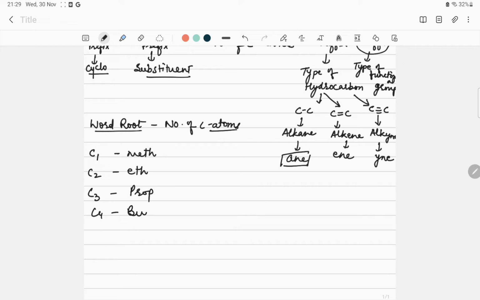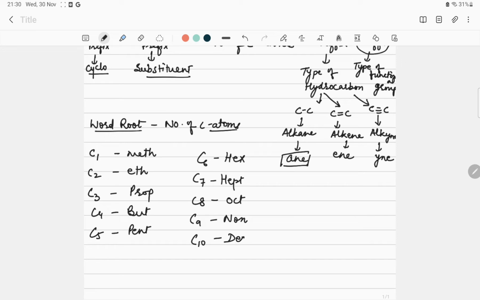If four, it should be but. If 5, it should be pent. If 6, it should be hex. If 7, it should be hept. If 8, it should be oct. If 9, it should be non. If 10, it should be dec. If 11, it should be undec.